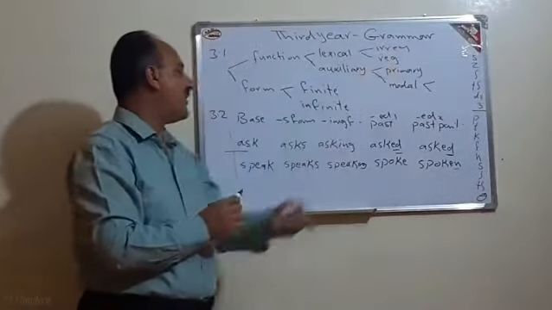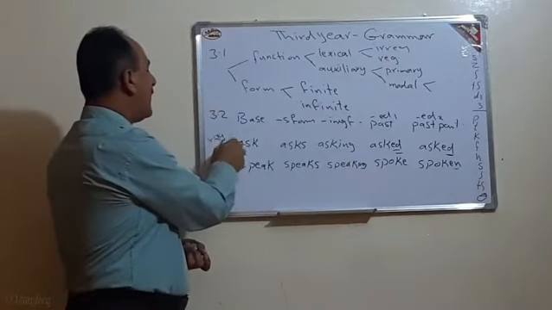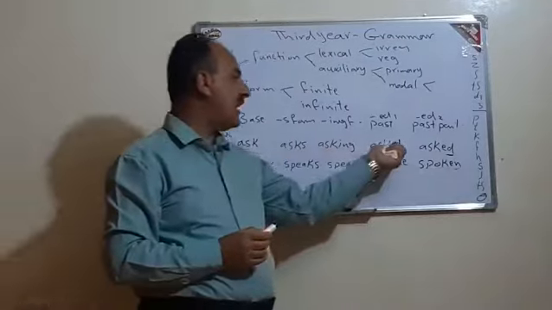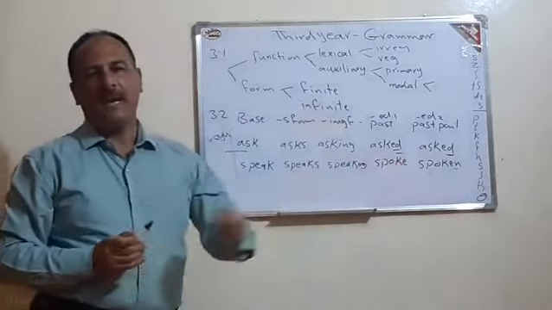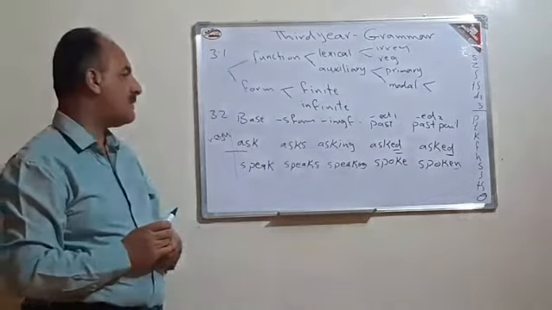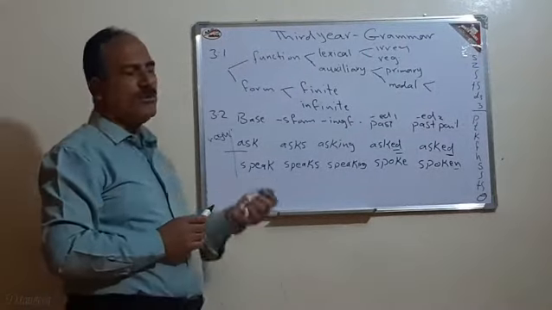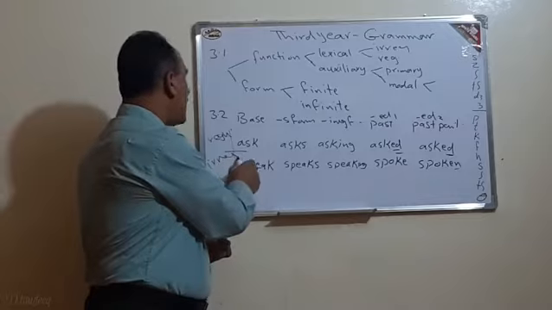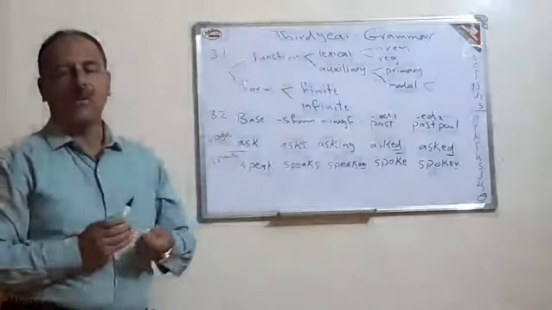Because the verb ask relates to what we call regular verbs: verbs that take ed in the past and ed in the past participle. The second group we call the irregular group of verbs. What does it mean?